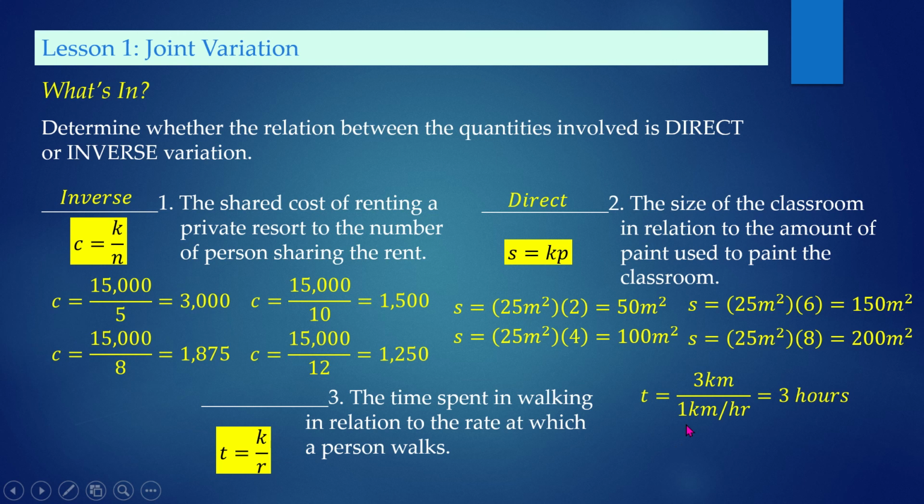In one hour he can walk 1 kilometer. So more or less 3 hours, because 3 divided by 1 is 3. And the kilometers over kilometers cancel, right? Same unit, so what remains is the unit hour.